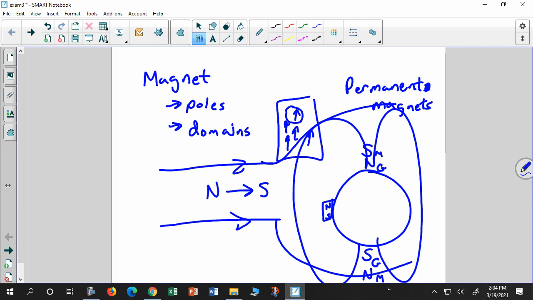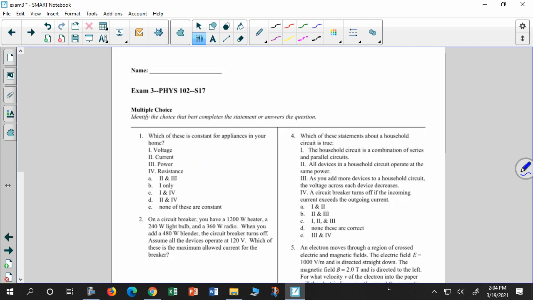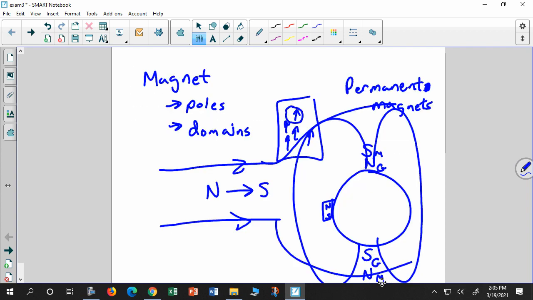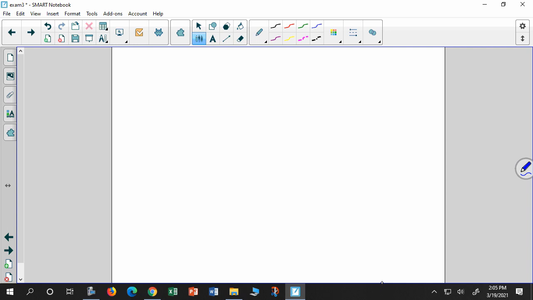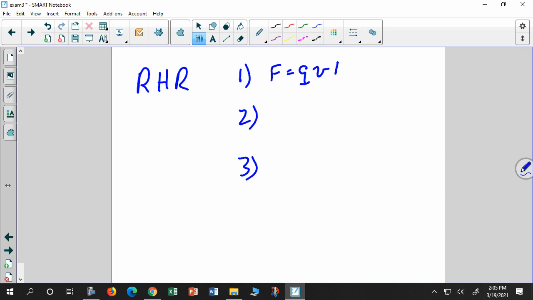You're going to see 2 or 3 right-hand rule problems. Actually, I think 2 right-hand rule problems. We'll do some practice on this, but there are 3 applications. The first one is the force on a charge moving through a magnetic field. The second one is basically identical: the force on a current-carrying wire.